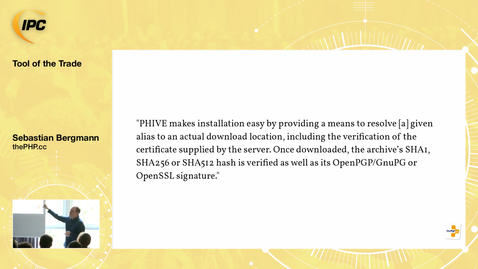The important thing here is that Phive automatically verifies the authenticity and the integrity of the thing that you just downloaded. That's important because that is something that you run potentially as root on your continuous integration Docker container, whatever. That allows you to make sure that you use a PHPUnit binary that was signed by me.